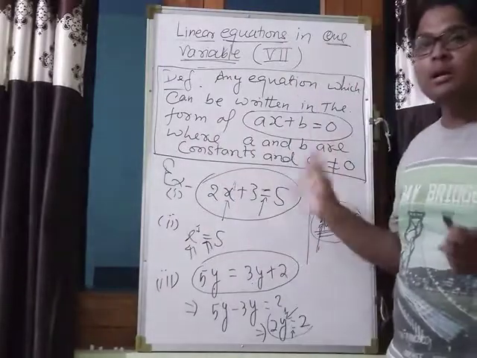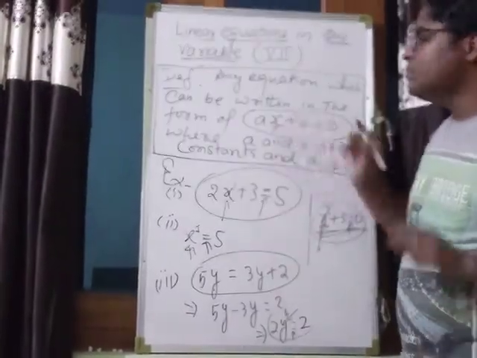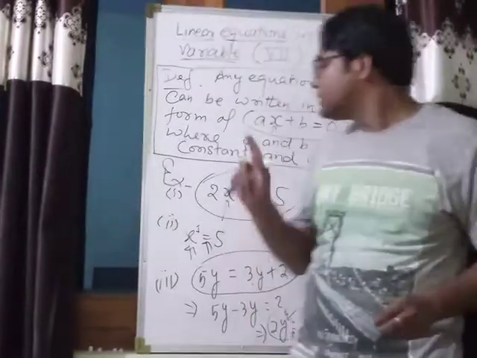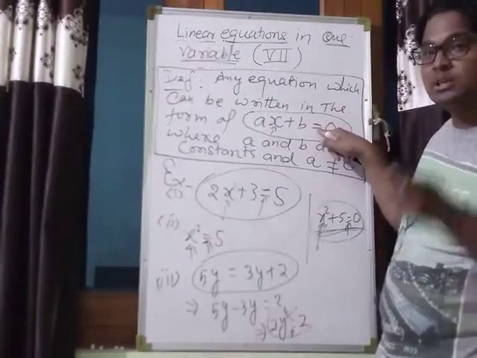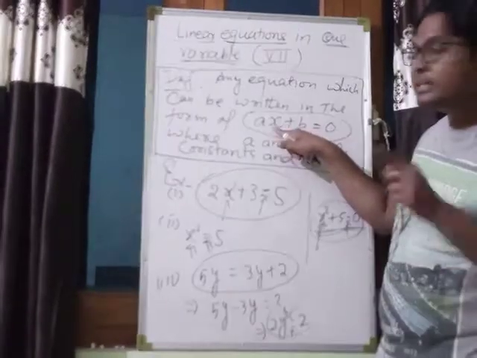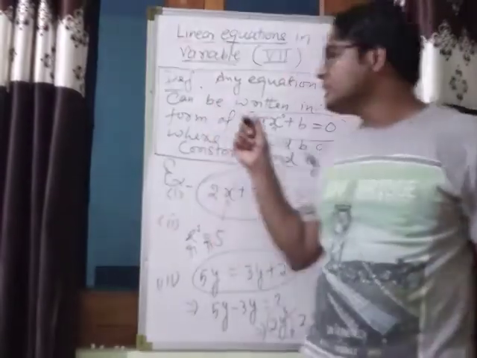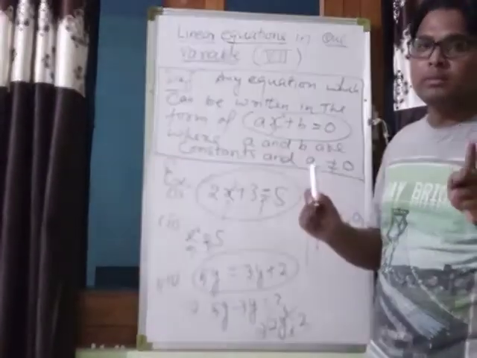So a and b are constants. Clearly x will be the variable. So this is an equation because the equal sign is present, having one variable and its highest power is 1. That's why this is a linear equation in one variable.